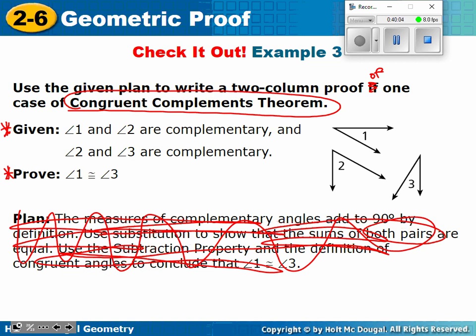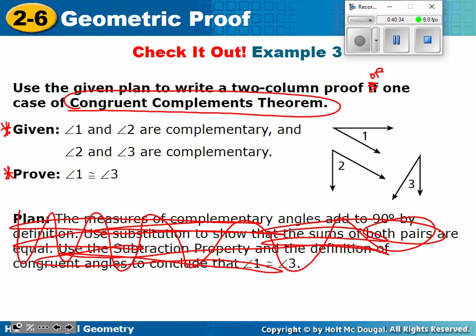What do you know if 1 and 2 are complementary? Exactly, okay? And the reason you know that? Definition of complementary. I was seeing that a lot on your papers. Then, from there, you might have been stuck because there's not much you can do with just that.